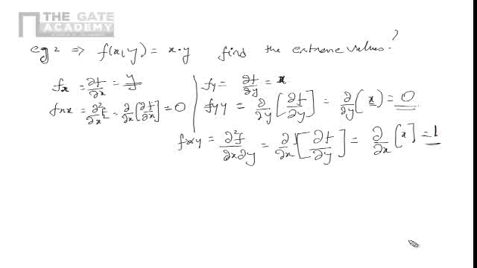Now first thing, always remember, whenever we have these two variable functions, check for discriminant greater than 0. This is very important. Why are we doing this?